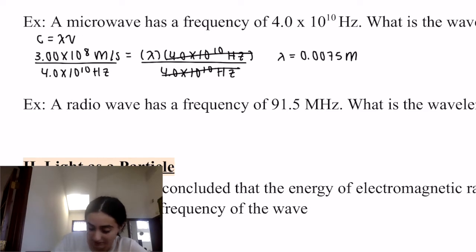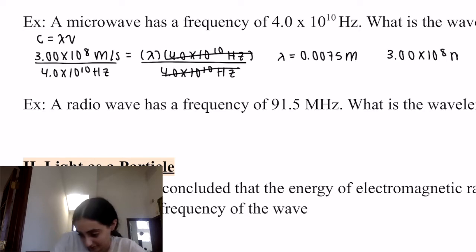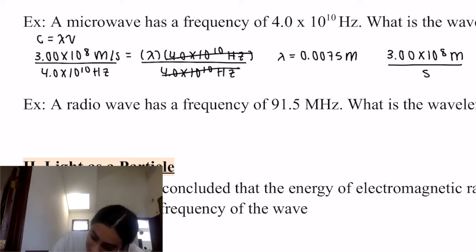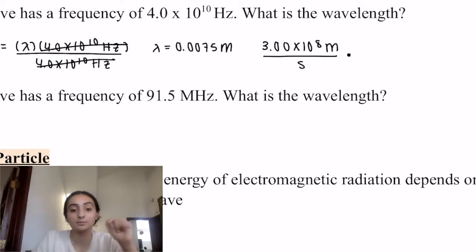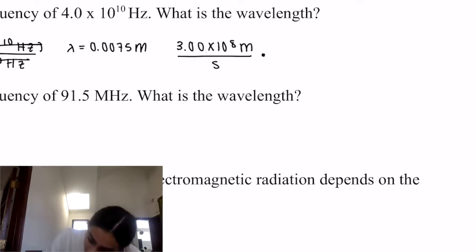Let me show you how these units cancel out. So we had 3.00 times 10 to the 8th meters per second, and we know that hertz is 1 over second. So we're dividing by 4 times 10 to the 10th hertz, which means we're multiplying by 1 over 4 times 10 to the 10th hertz.